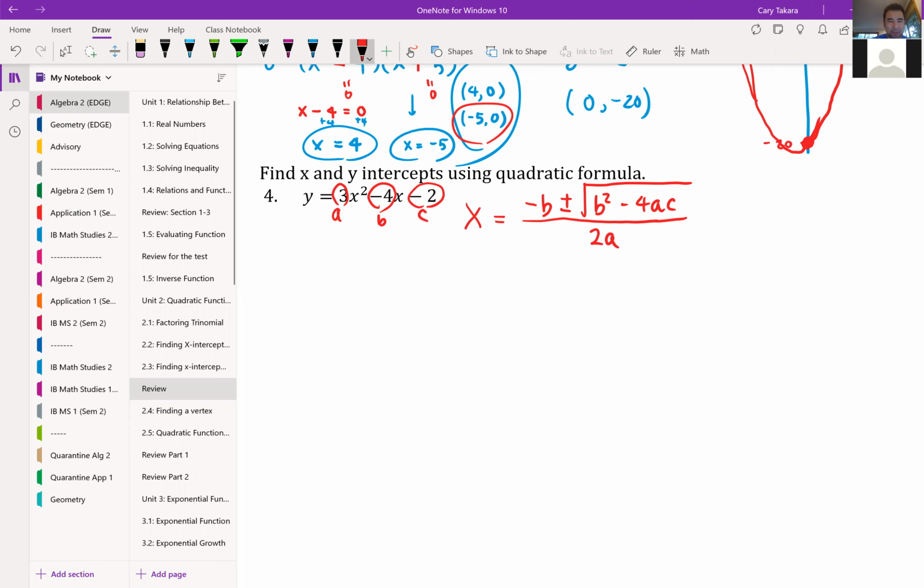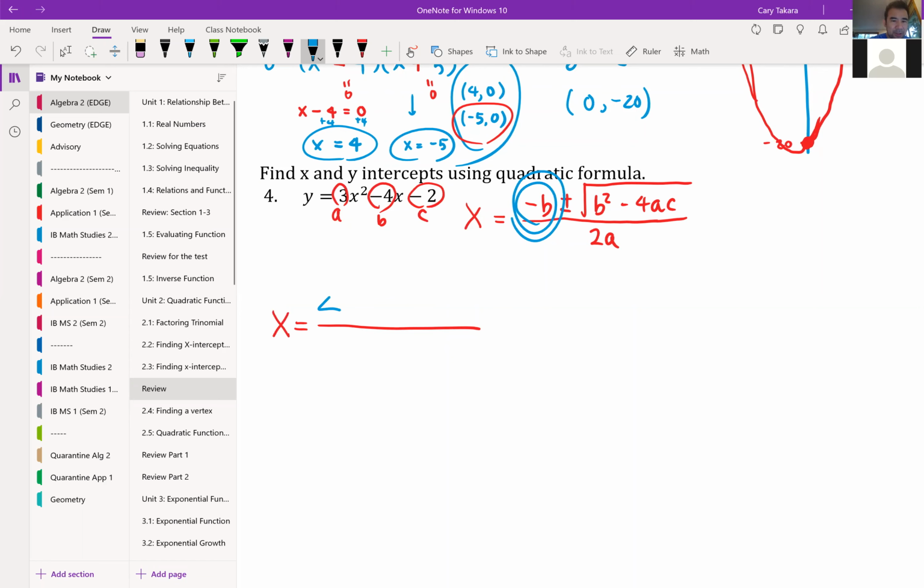Okay, so the x-intercept is going to be, now when I say negative b right here, think of it as the opposite of b, the opposite sign of b. That's what that means, okay? So since b is already negative 4, the opposite sign will be positive 4. Is everybody okay on that?